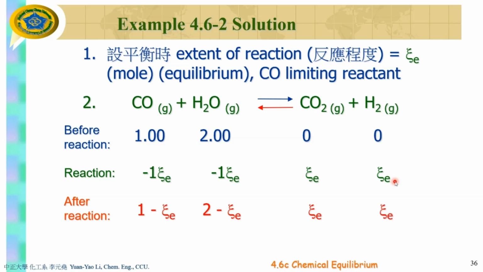The only specification we know is that the equilibrium constant K is equal to 1 at a certain temperature and pressure. So the question we want to ask is, what is the extent of reaction here?